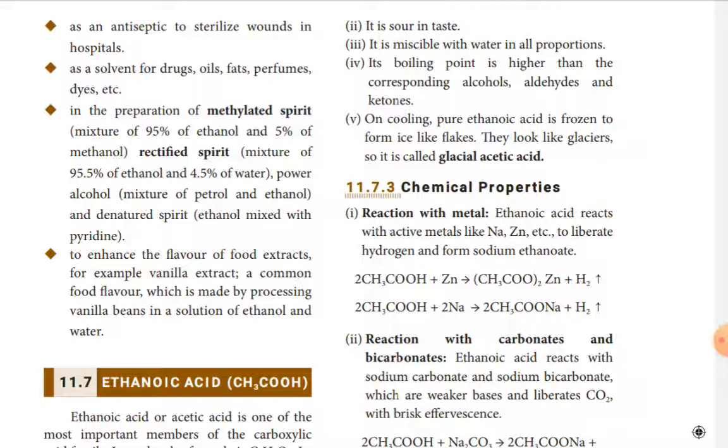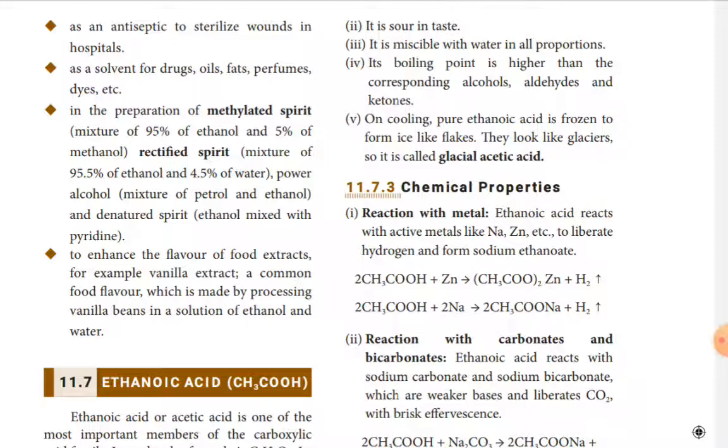Glacial, the glaciers, you know, the large mass of ice formed by the snow on mountains that moves slowly down a valley. So this ice-like substance is formed when pure ethanoic acid is frozen. So this is called glacial acetic acid.